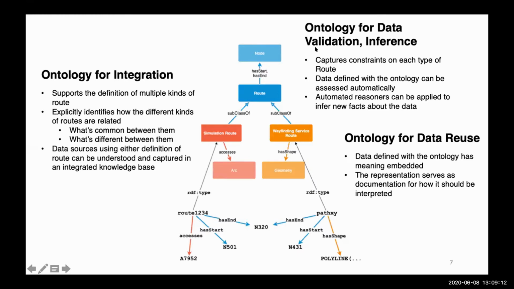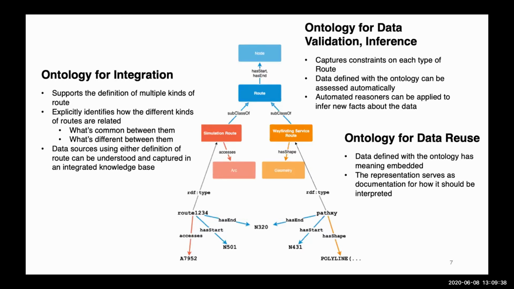Beyond this, we can also use this approach for data validation because the ontology is capturing constraints on each type of route. So data that's encoded with the ontology can now also be assessed automatically. We can verify or validate whether a particular data point conforms with the definition of a route, and we can also apply automated reasoning tools to infer new facts about routes.